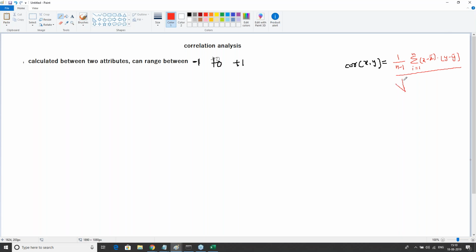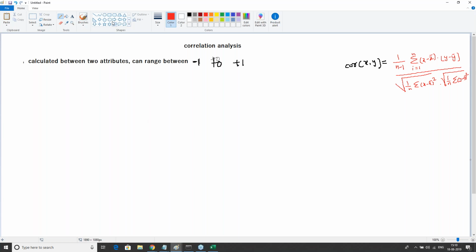That means the square root of 1 by n summation of (x minus x bar) square into 1 by n summation of (y minus y bar) square. That's the formula, but in Python we have a direct way to calculate that.